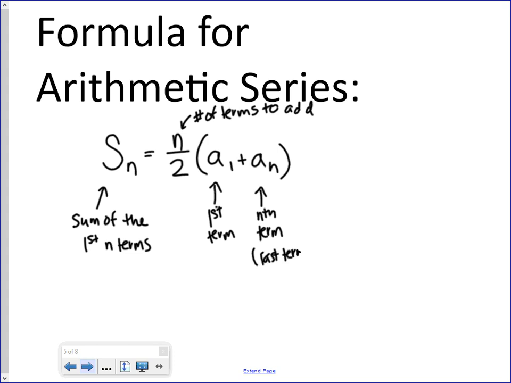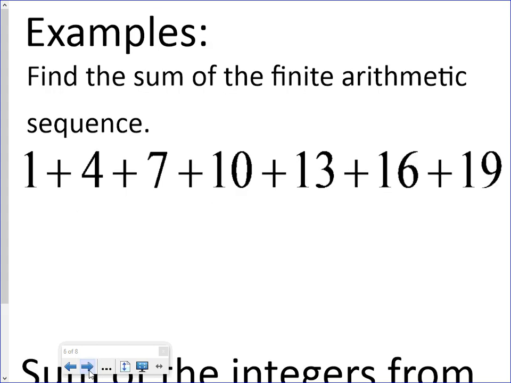So if you are adding the first 20 terms, then you want the 20th term right there. So that matches however many terms you're trying to add. This should look familiar from Algebra 2. We'll look at some examples here.